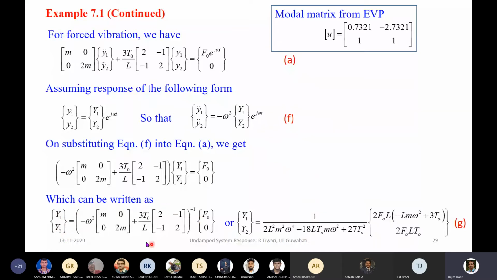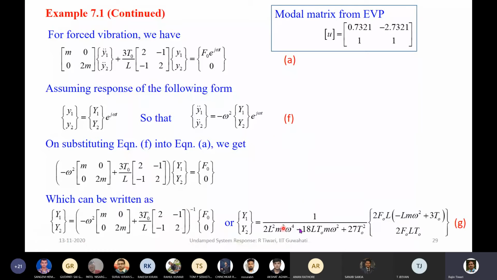This is the inverse of this matrix times this vector. In the previous general expressions we were doing the adjoint and that kind of thing, but here, if we can obtain the inverse of this, then we can directly get the response.